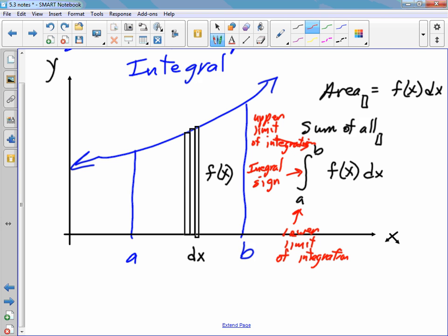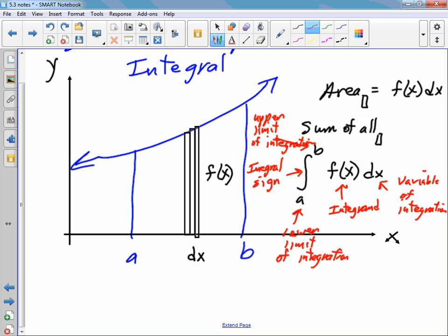F of x is called the integrand. That might be a new term for you. Integrand with a D. And dx, the last one, is the variable of integration. Okay? Nice.